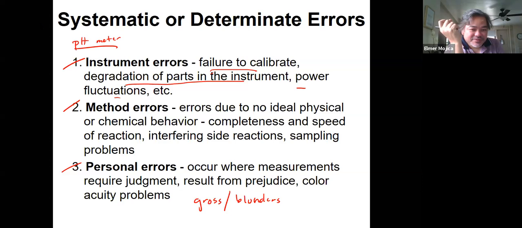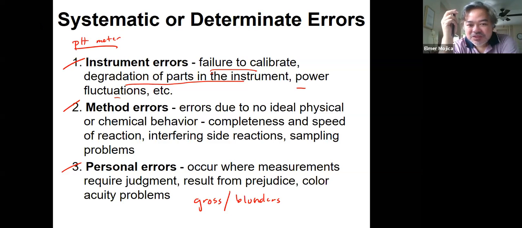Let's say, do you hold it in such a way that the tip is in the middle of the solution, or you just put it all the way in the solution? Okay? If you do it consistently, then fine. But if one of your group mates holds it in the middle and one of you just lays the thermometer on the beaker, then you have already there a method error.